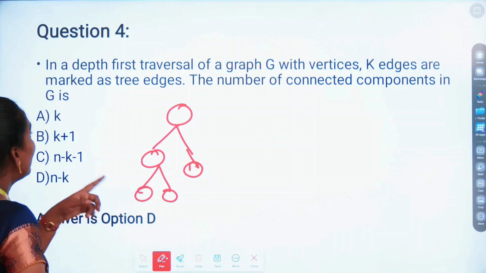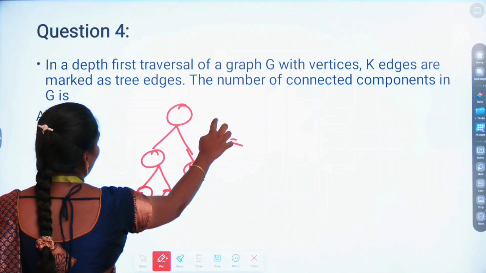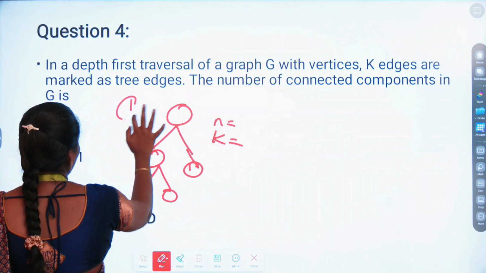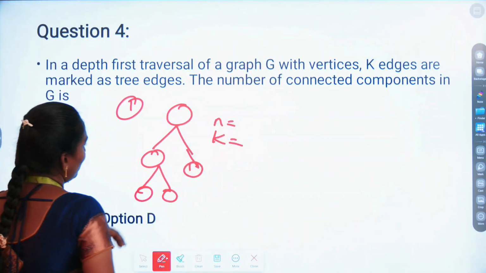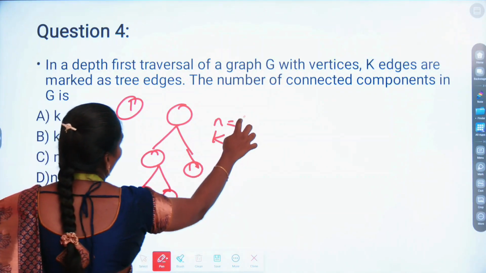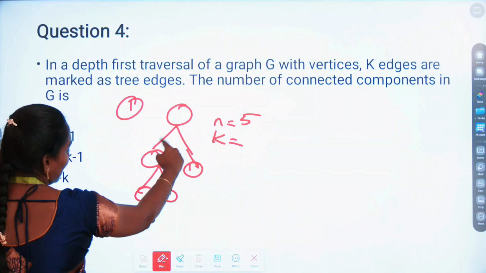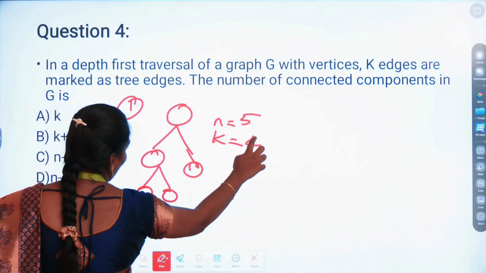K is nothing but the edges, and we are taking only one component, that is one tree. N is the number of nodes. Let's count the nodes: 1, 2, 3, 4, 5. So 5 nodes are there. K is the edges: 1, 2, 3, 4. So 4 edges are there.